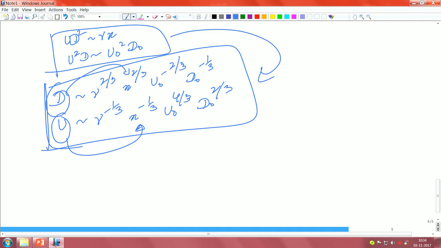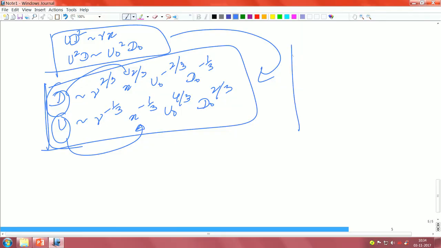So the jet core expands as x to the 2/3, whereas the center line velocity of the jet decays as x to the minus 1/3. That means as x increases, the velocity decreases.